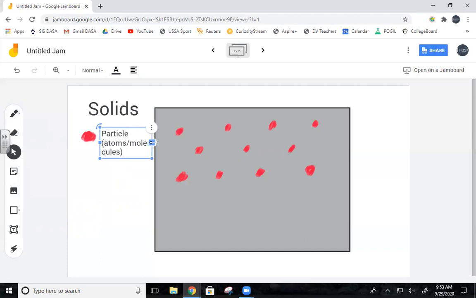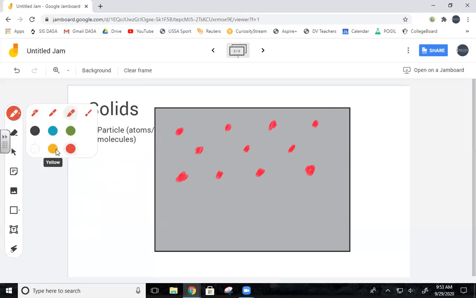No? No, it's not that. It's not there. Okay. Remember that molecules are made out of atoms, right? A molecule is two or more atoms stuck together. Okay, but they behave very similarly. I'm just going to use the term particle though.